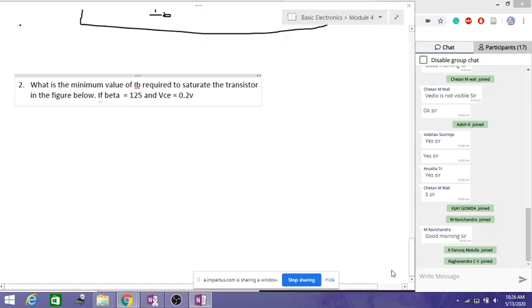Again, it's a very simple example that you can solve.